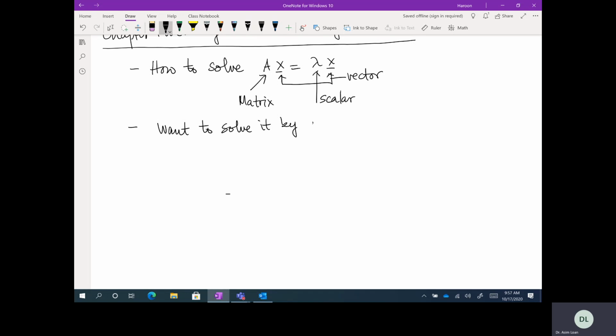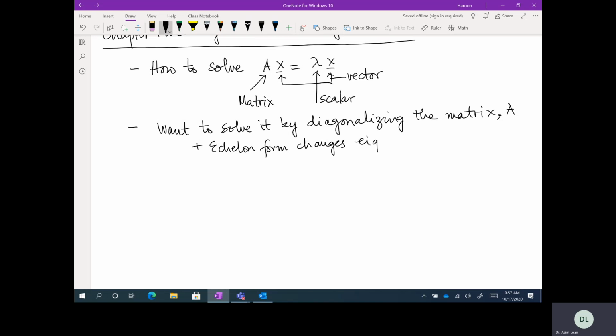By diagonalizing the matrix A. Echelon form, the row reduced echelon form, where we do elementary row operations, changes eigenvalues.